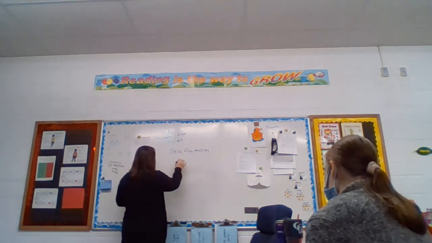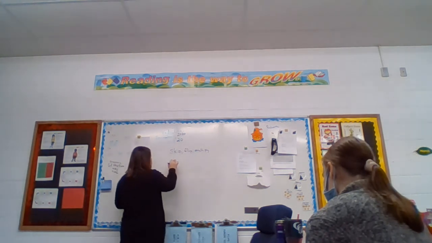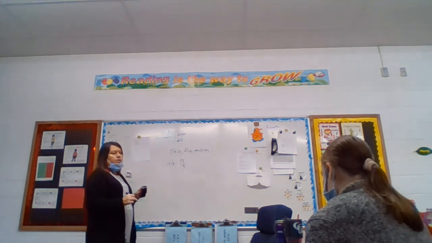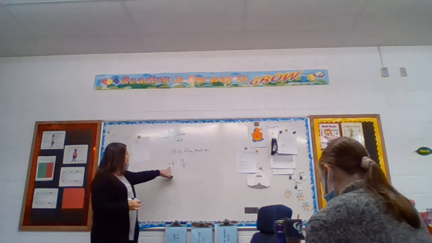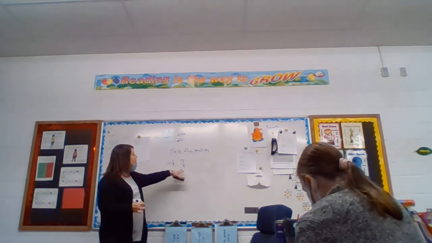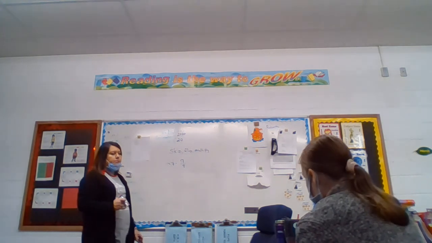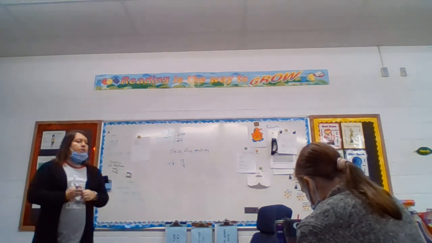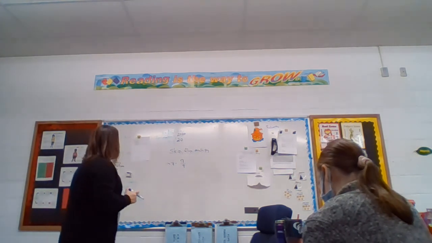So now we've changed 2 1/4 to 9/4. So this number is the same as this number, or mixed number is the same as this improper fraction. Okay, very good.